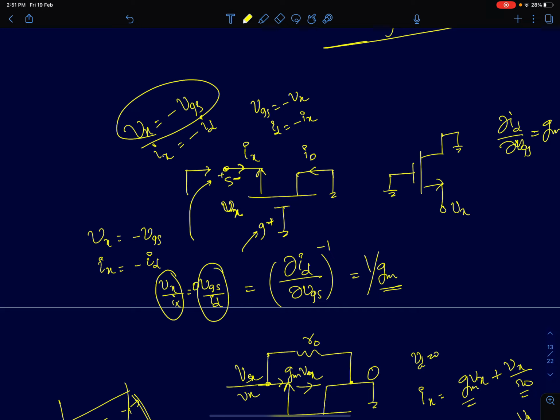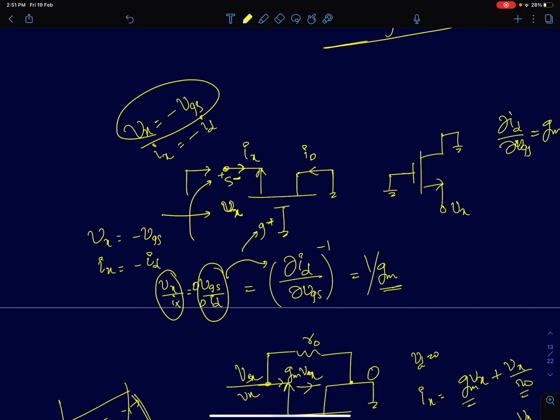I'm applying an incremental change in the gate to source voltage and measuring the incremental change in the drain current. This is nothing but dou Id by dou Vgs, the whole inverse. That's nothing but your transconductance, so the inverse of transconductance. What am I measuring here? I am measuring the change in the drain current, or Ix, for a change in the input voltage.